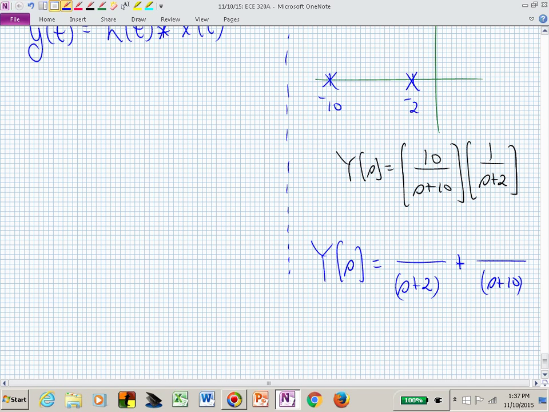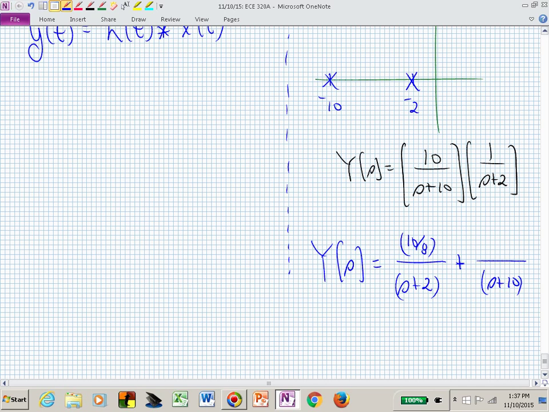So now we have 10 over minus 2 plus 10, or 10 over 8. Five over 4, 1 1/4. So we have a 1 1/4 for our gain. Maybe you can buy a lottery ticket, I don't know. 1 1/4.